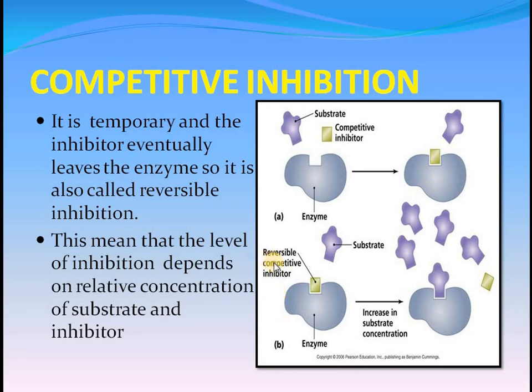Next is the reversible competitive inhibitor. We are discussing it shortly. What is a reversible competitive inhibitor? Now this is the enzyme and this is the substrate. When the reversible competitive inhibitor comes and enters the active site, there is an increase in substrate concentration.